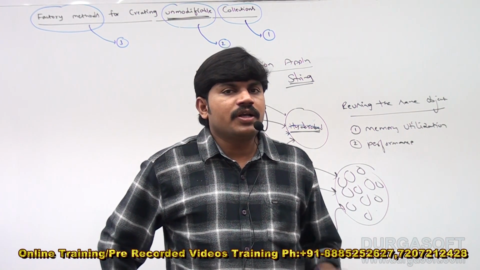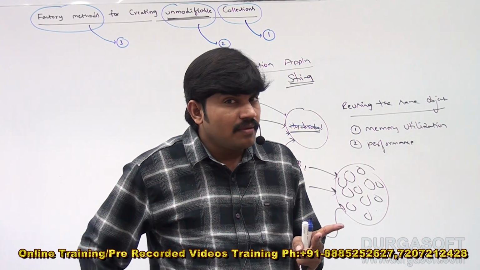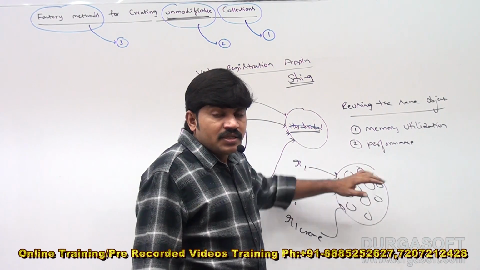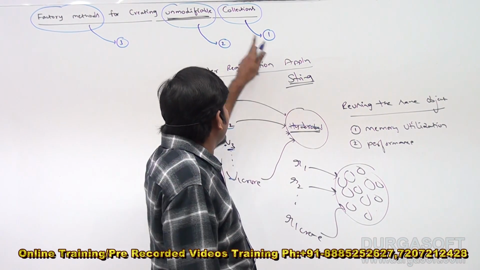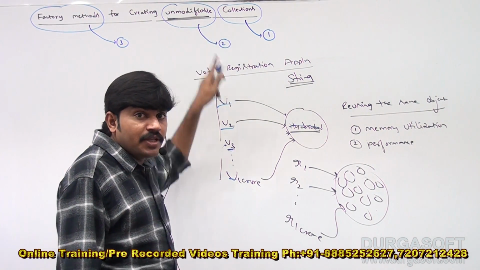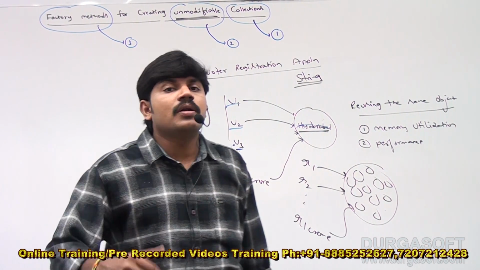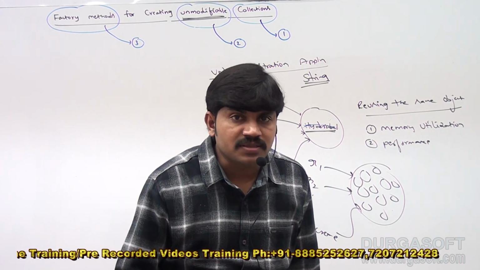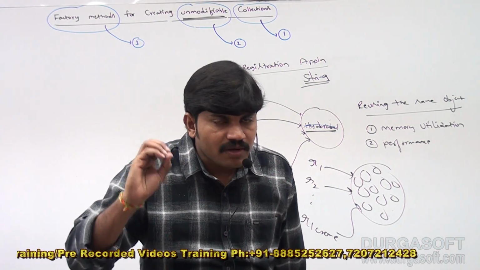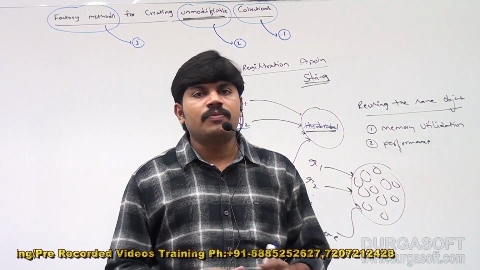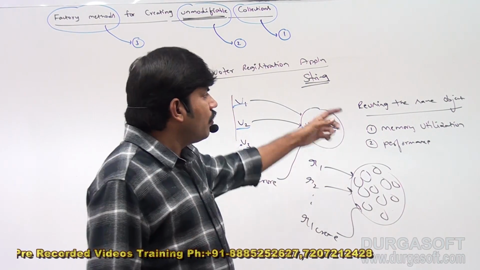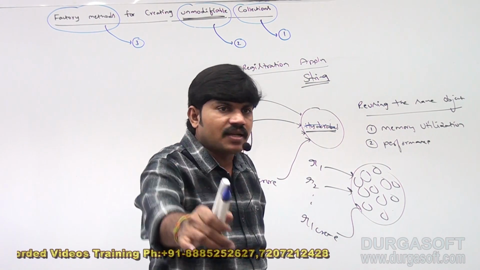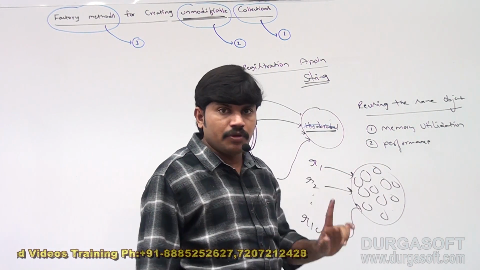So up to this we covered only two words. What is the first word? Collection. Collection is nothing but what? A group of objects. The second word is unmodifiable. What is the meaning of unmodifiable, sir? Non-modifiable, I mean you can't change. Such an unmodifiable object is nothing but an immutable object. Sir, what is the need of an immutable object? If you want to reuse the same object with multiple references, compulsorily this object should be immutable.